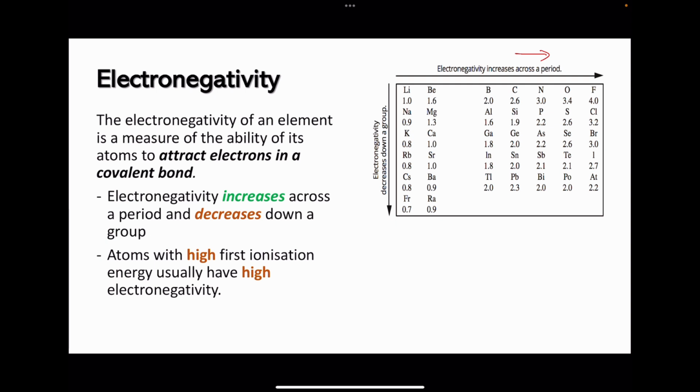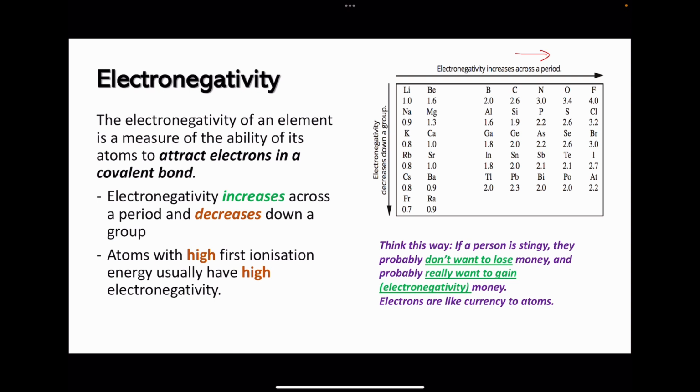Something interesting to notice is that atoms with high first ionization energy usually have high electronegativity. So first ionization energy and electronegativity have the same trend. We can think about it this way. If a person is stingy, they don't want to lose money, they probably really want to gain money. Electrons to atoms are like money to people.